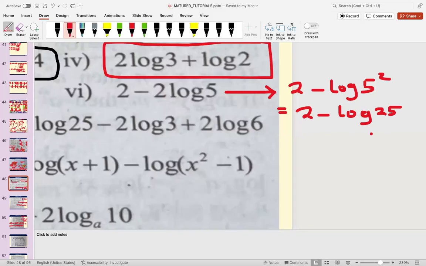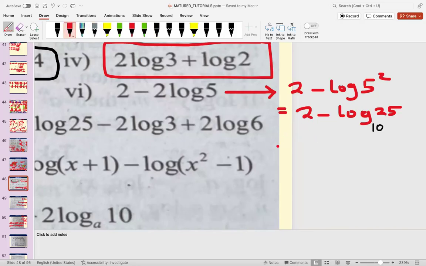Now watch what I'm coming to do. I told you from the beginning that anytime a log is standing like this and there is no number down here, it is base 10. It's the same as writing log base 10 of 25.